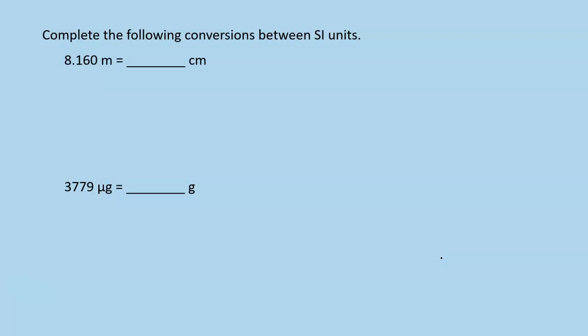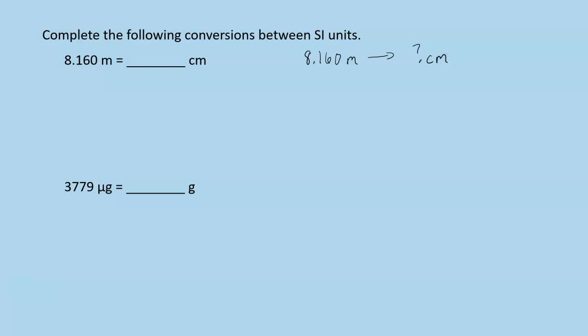We want to complete the following conversions between SI units. We're given the meters and asked to find the centimeters. If we set this up as a roadmap, we're going to get 8.160 meters and an arrow going towards our target, which is the centimeters.